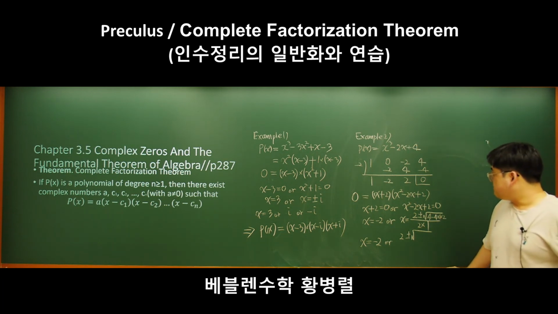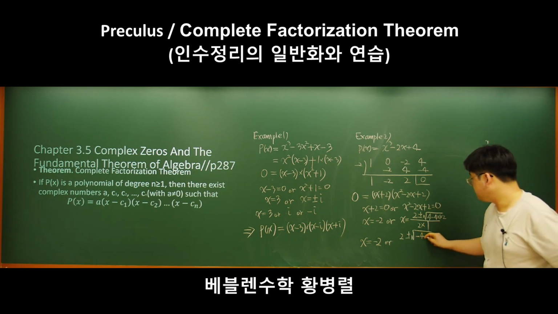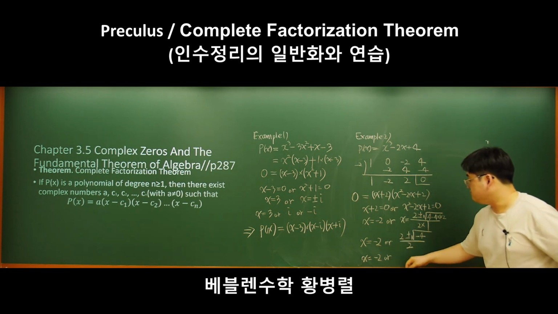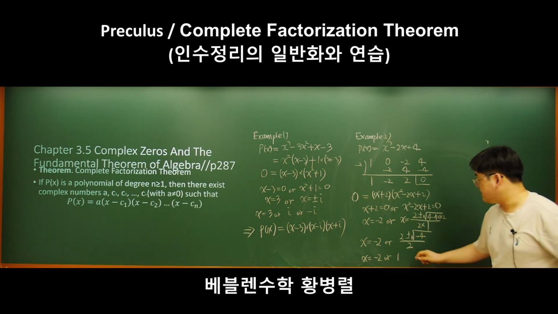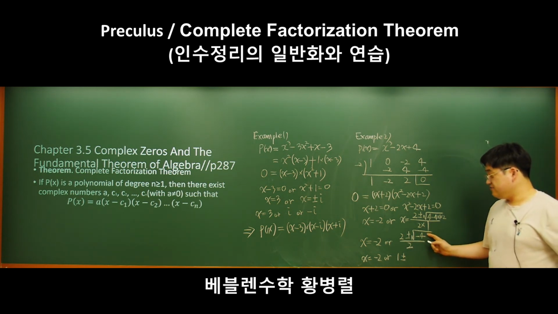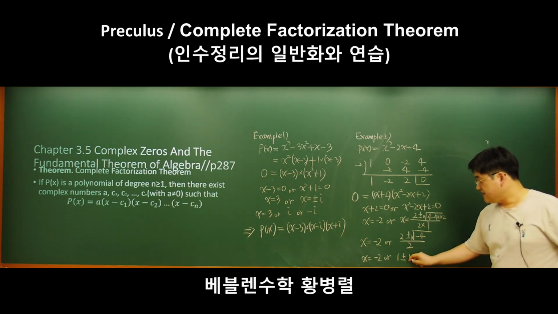The square root of negative 4 means an imaginary number. Then x is 2 over 2, which means 1, plus or minus 2i over 2, which is i.